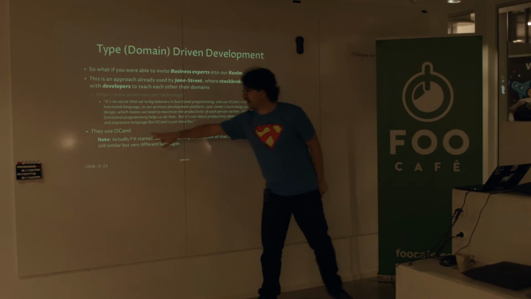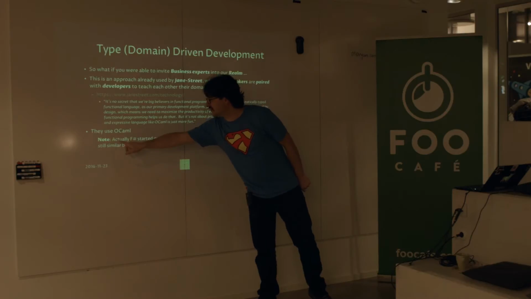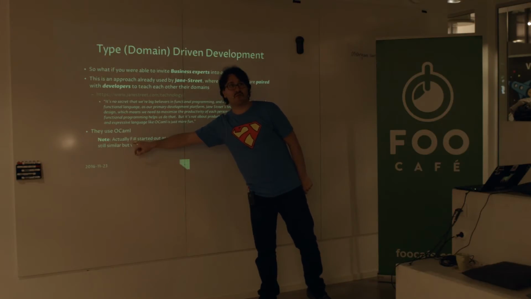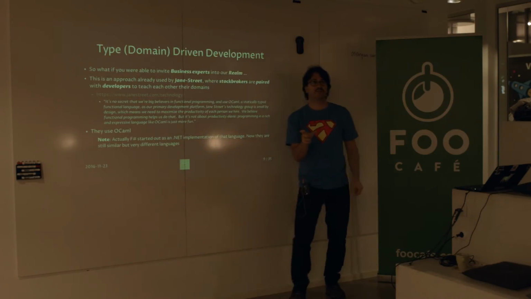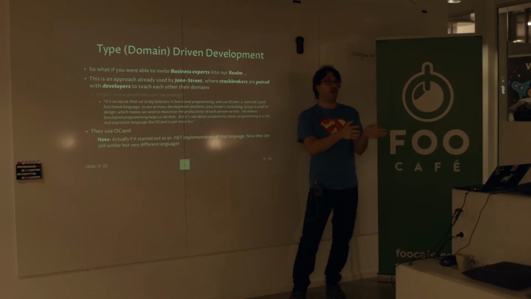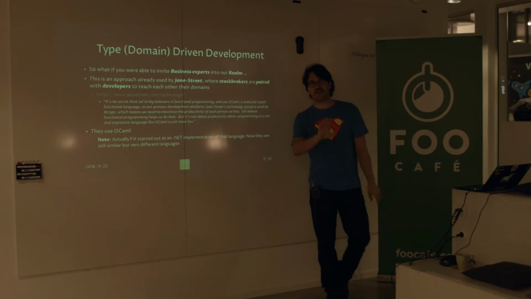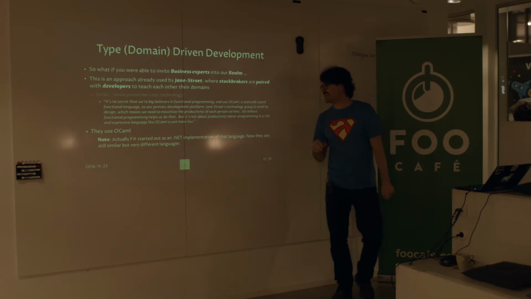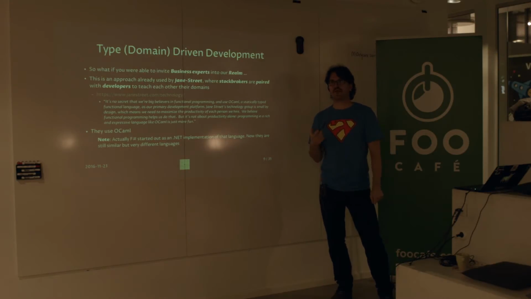I just want to put here the use of OCaml. Initially, F# in the .NET world was done trying to port OCaml into the .NET ecosystem. I know it's being recorded, so I don't know if it's okay to say it, but that's actually how it was born into the .NET environment.